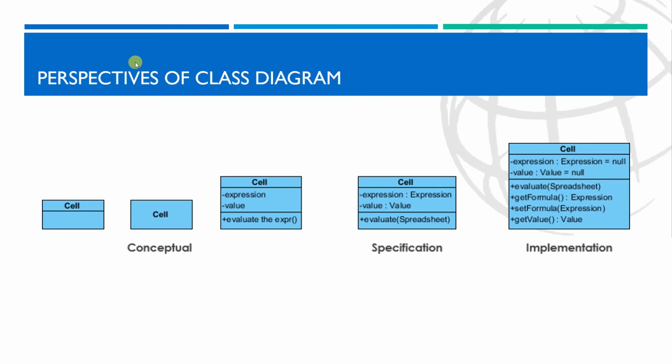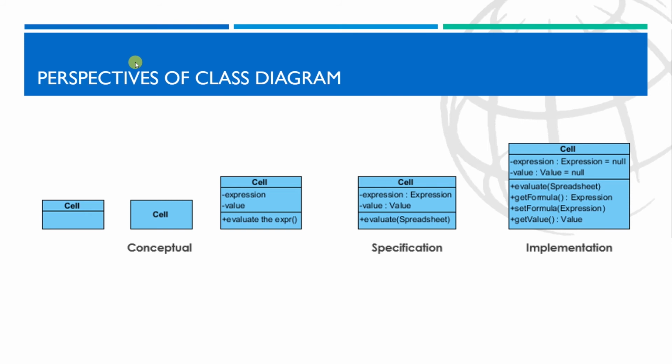Analysis models will typically feature a mix of conceptual and specification perspective, and design model development will typically start with heavy emphasis on the specification perspective and evolve into the implementation perspective.